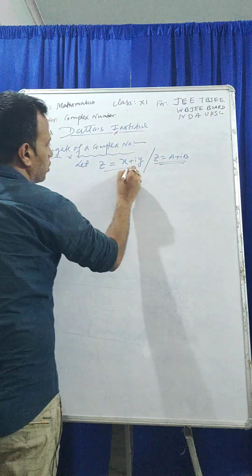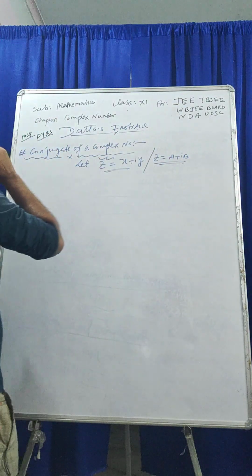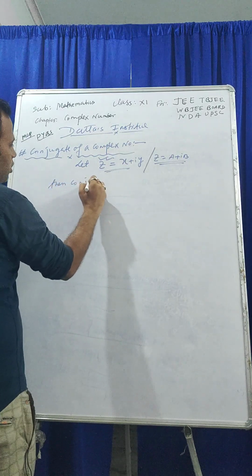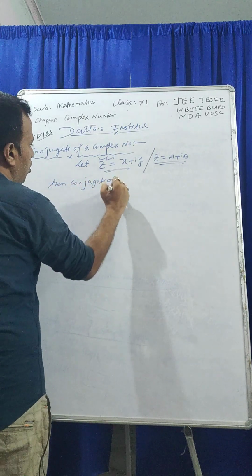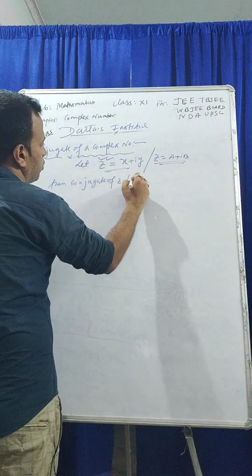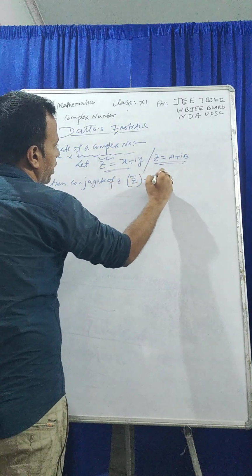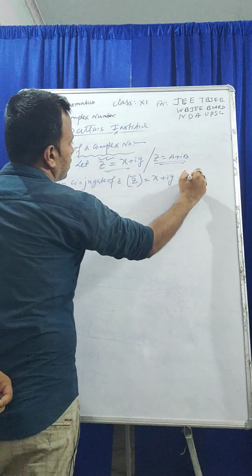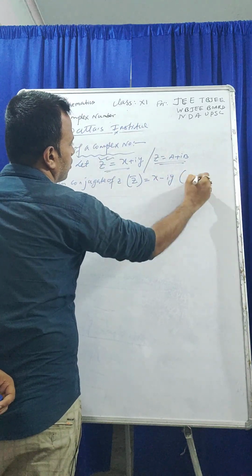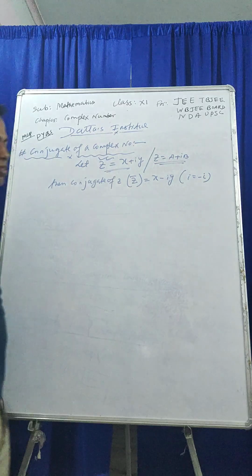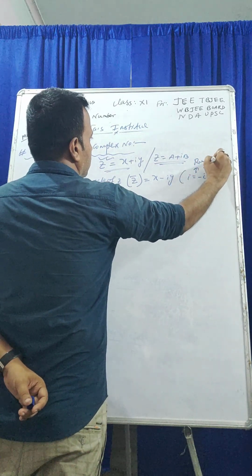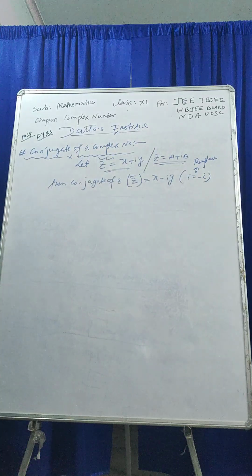So I consider z is equal to x plus iy. Then in that case, the conjugate of z, denoted by z bar, is equal to x minus iy. So you have to replace i by minus i.